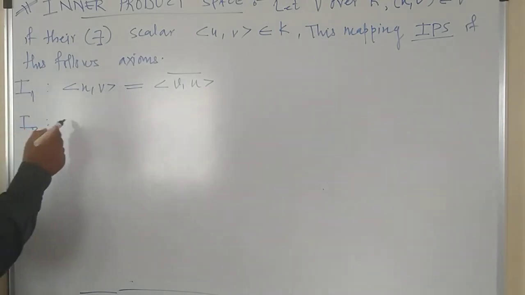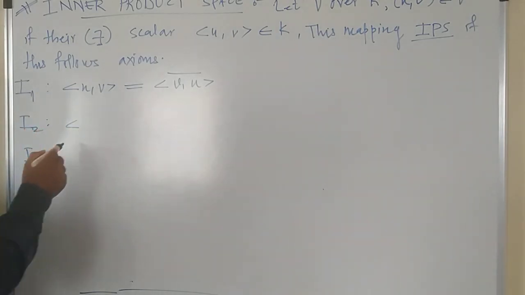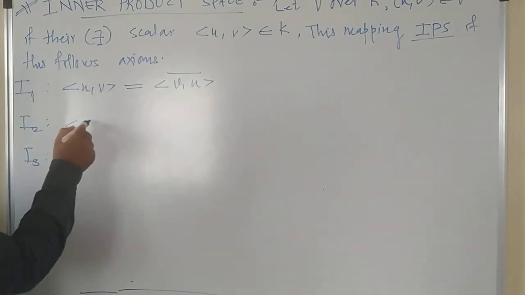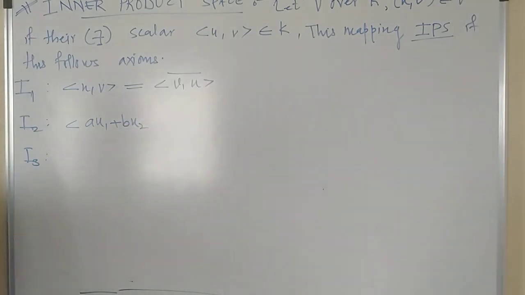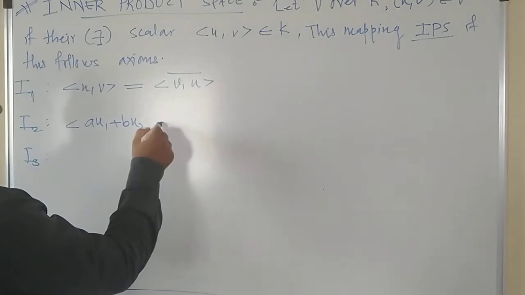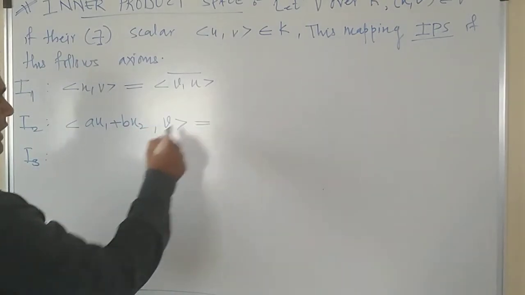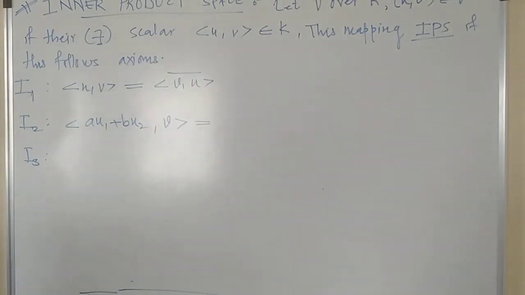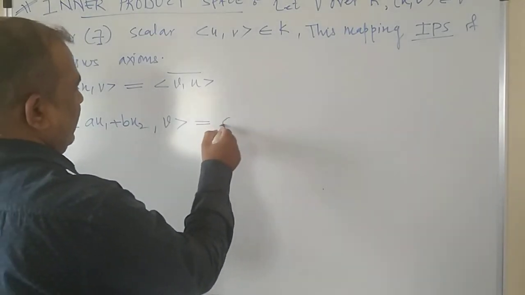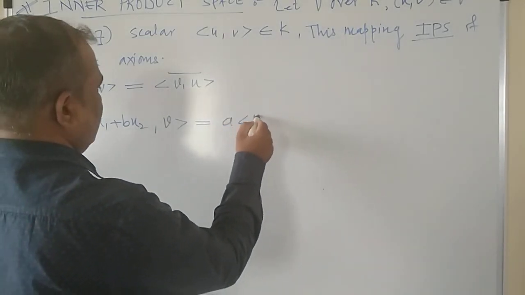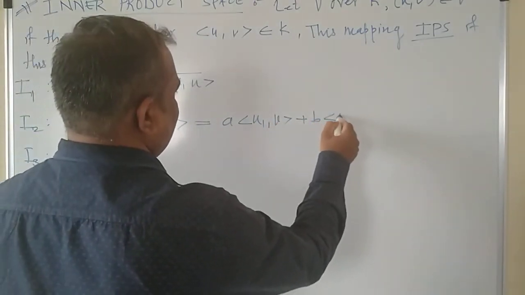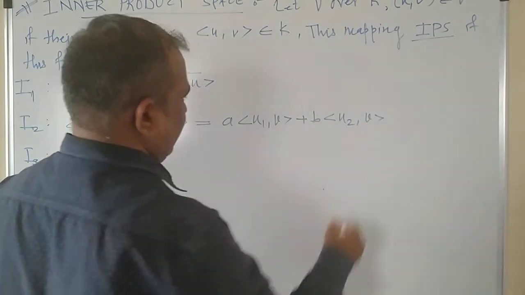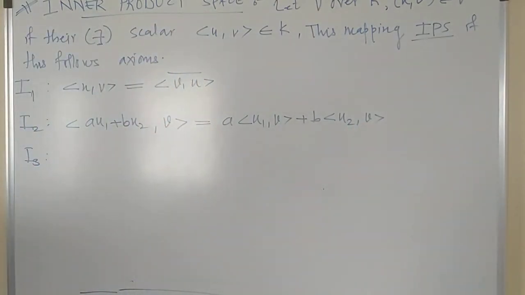The second axiom: if you multiply by some scalars, a u1 plus b u2, where u1 and u2 are two vectors, and you take the inner product of this with v, this equals a times the inner product of u1, v plus b times the inner product of u2, v.